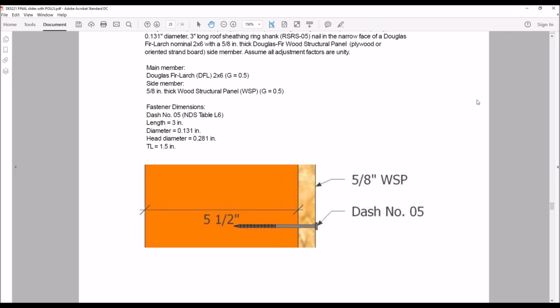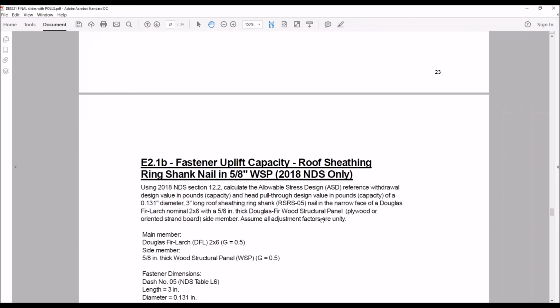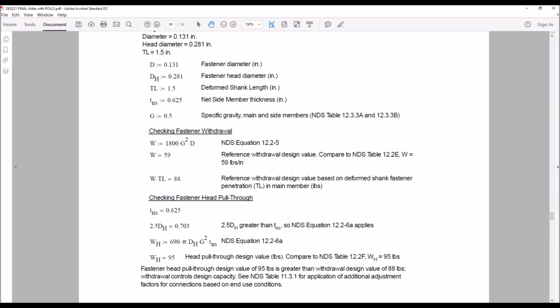So for this example, the main member penetration is this whole portion of the nail, but the deformed portion of the shank is only the last 1.5 inches. So we would only use that value, 1.5 inches, as the penetration that we're counting when we multiply it by our W value, which is that pounds per inch value that we've calculated down here.